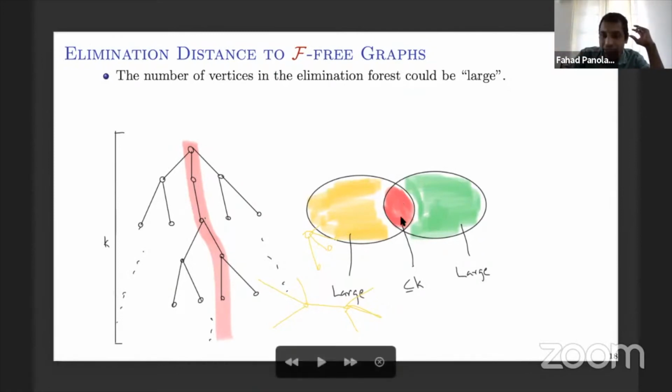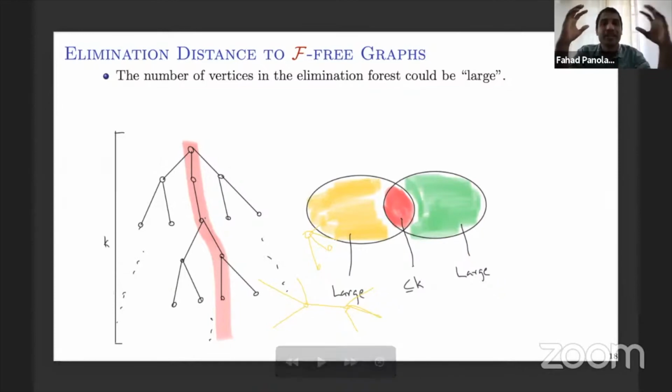A separator of size at most k, and on the left side you will see lots of vertices, and on the right side you see lots of vertices. Where "large" depends on how large this tree is. So the point is, if elimination forests contain lots of vertices, then the graph has this kind of separator.